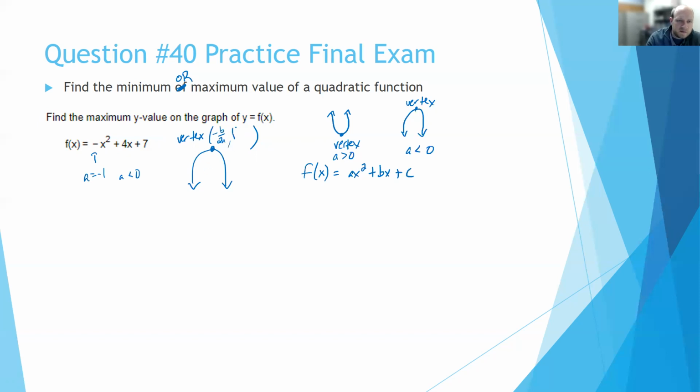The y value of the vertex is substituting that x value back into your function to find the y value. So it's f of -b/2a. So let's do this example. Again, a is -1, b is 4, and c, just because we don't really need it, is 7.